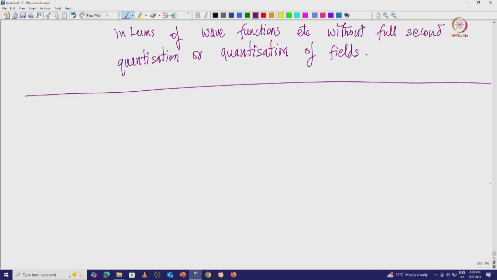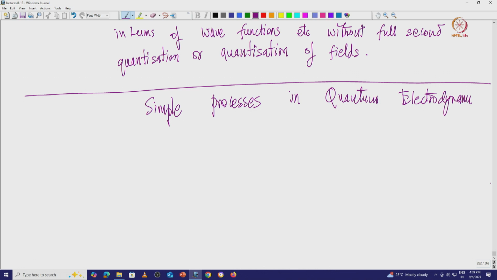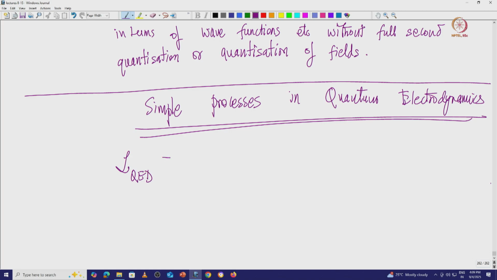So we will start writing simple processes in QED, simple processes in quantum electrodynamics. For this we will start again with the quantum electrodynamics Lagrangian, L_QED equals, this is what I promised you in the first class or a few classes earlier, that we will do simple processes in quantum field theory.